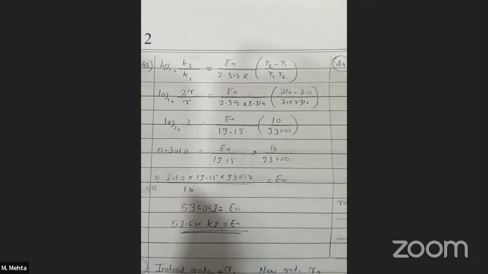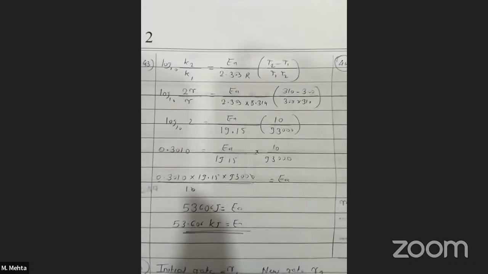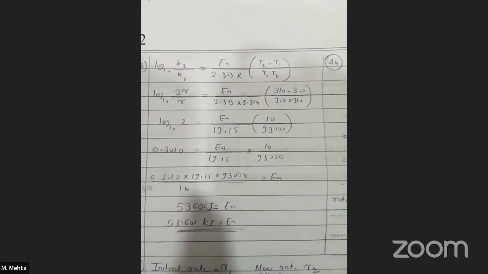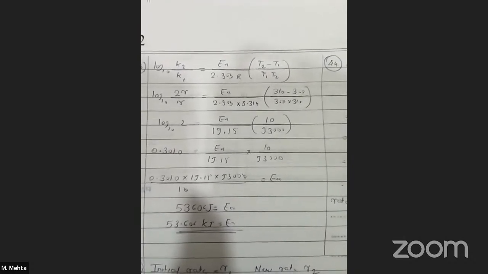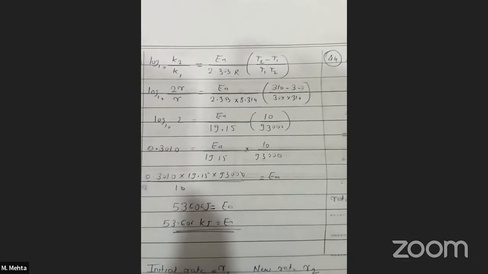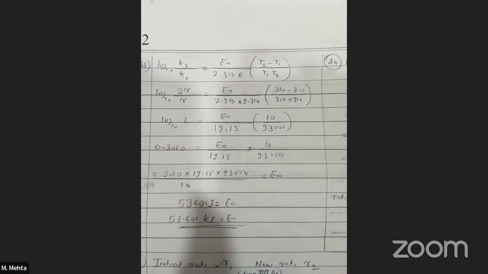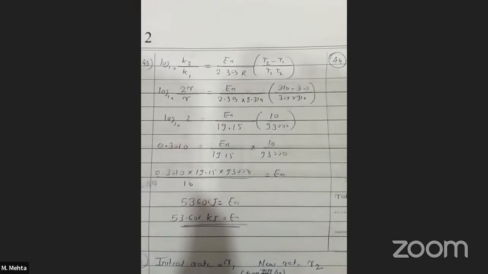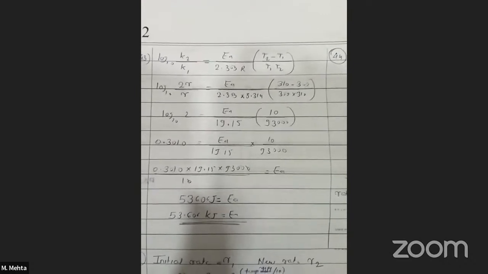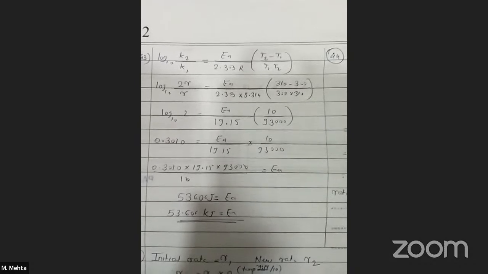As the rate of reaction doubles, I can consider K2 as 2K1. So log of 2K1 upon K1, log of 2. Ea we have to find out, 2.303 into value of R 8.314, T2 310, T1 300.